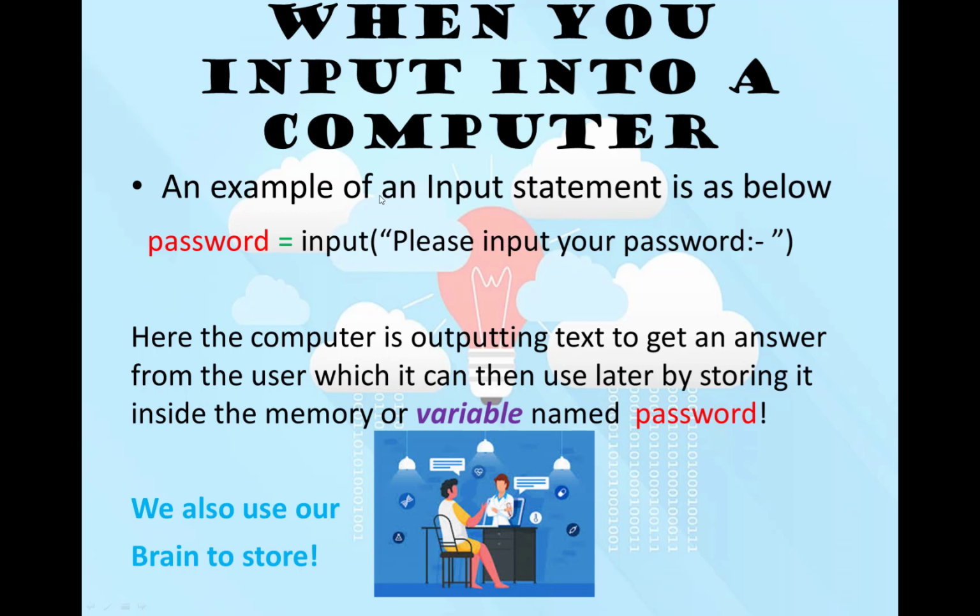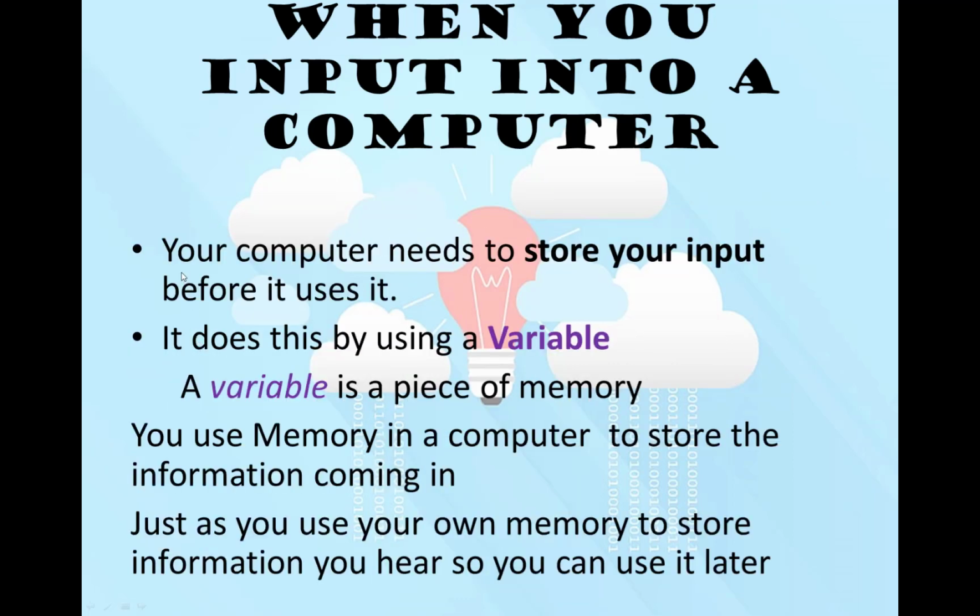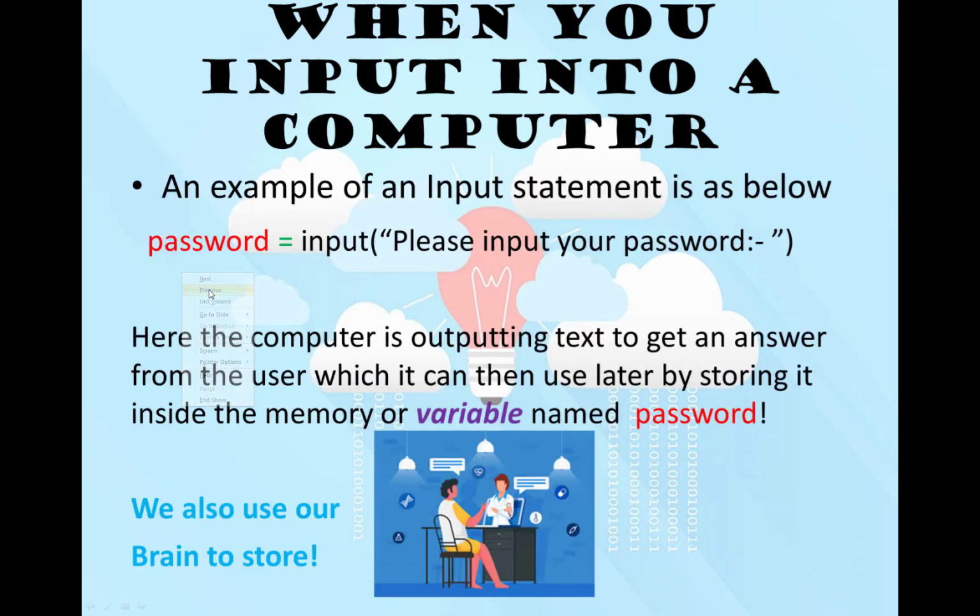So when it's on this left-hand side, it's storing your password inside this variable. It's called a variable. Basically, it's storing it like you use your brain to store. Anything that comes in, unbeknown to you, your brain is processing, or storing.